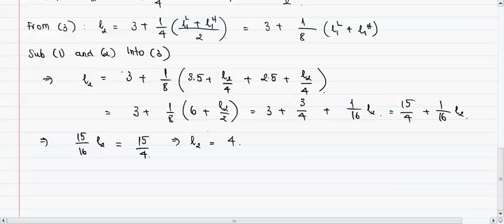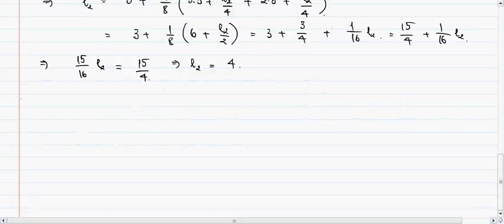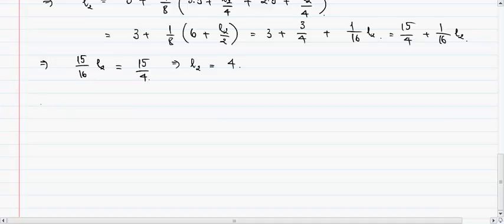Now having found the value of L2, I will just have to use that to substitute back into the first and the second equation to find L1H and L1L. So substitute L2 equal to 4 into the first equation.